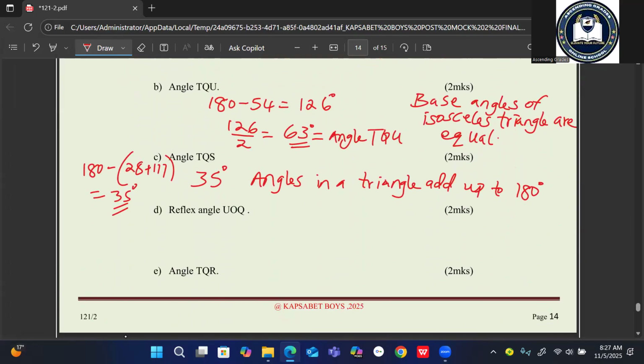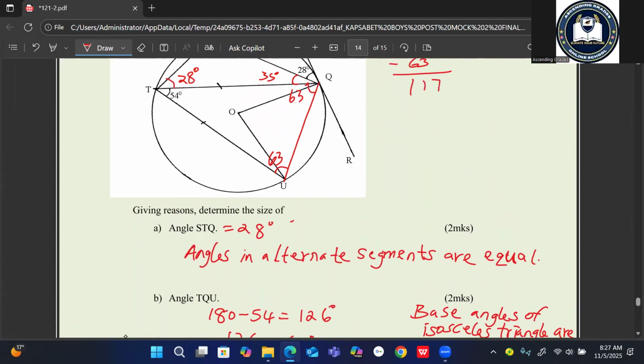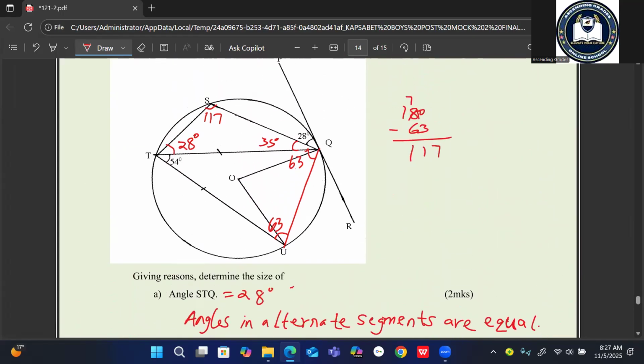We have reflex angle UOQ. We are asked to find the size of this angle, but we know that the angle at the center is twice the angle at the circumference. So here it should be 54 times 2, which gives 108. To find the reflex angle UOQ, we take 360 minus 108.